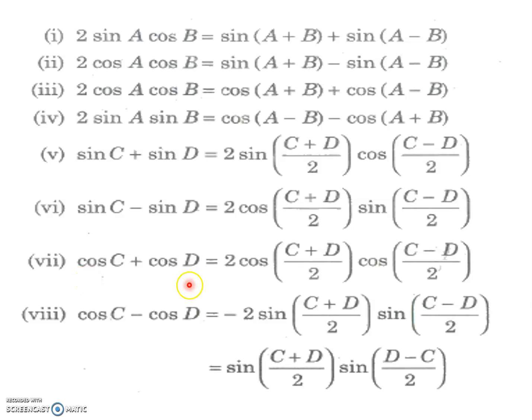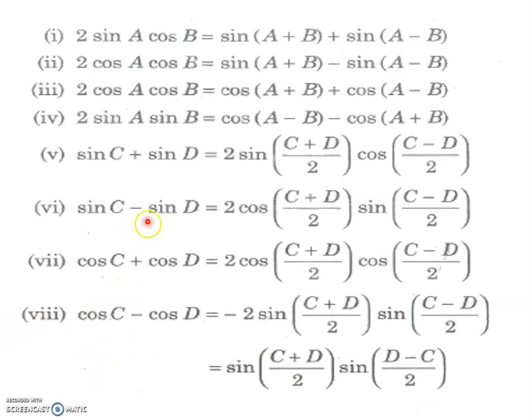Cos C plus cos D is equal to 2 cos C plus D upon 2 into cos C minus D upon 2. Last but not least, cos C minus cos D is equal to minus 2 sin C plus D upon 2 into sin C minus D upon 2, which is equal to 2 sin C plus D upon 2 into sin D minus C upon 2.